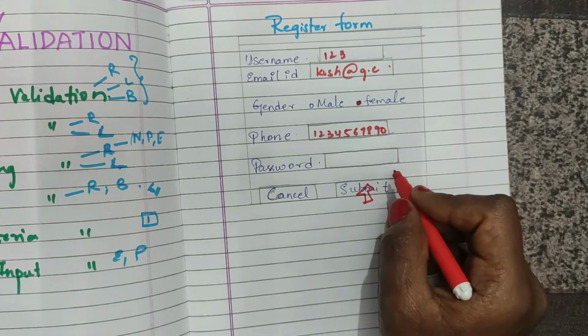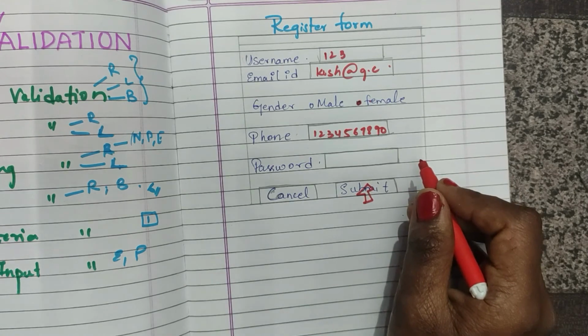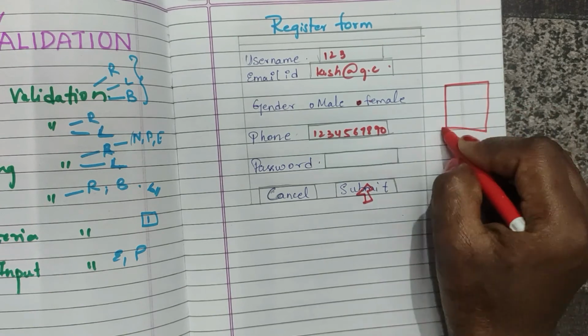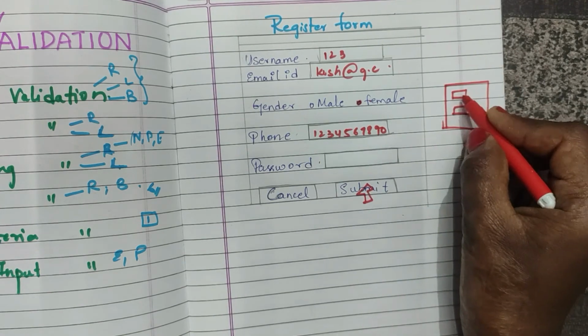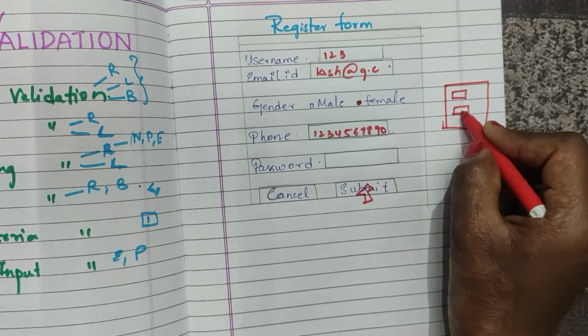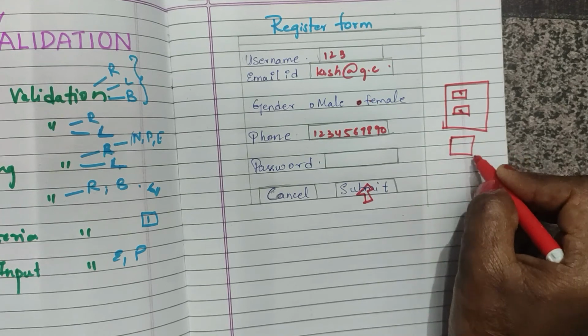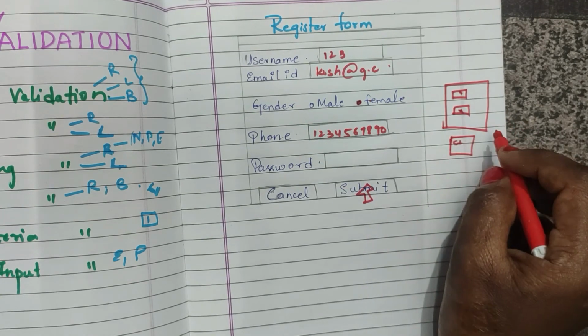This is form level validation. Now data saving validation. In my login form we have the email ID and the password, or you can take the username and the password. If I fill in the data correctly, it will prompt a message stating that data stored successfully. This is data saving validation.